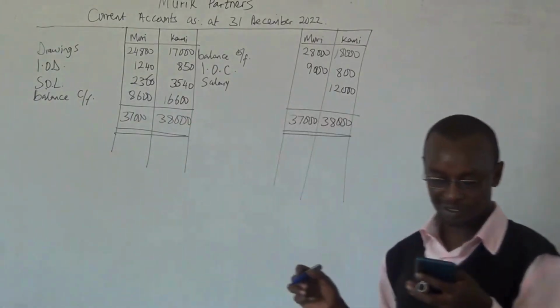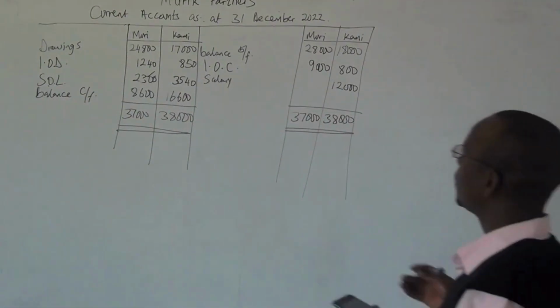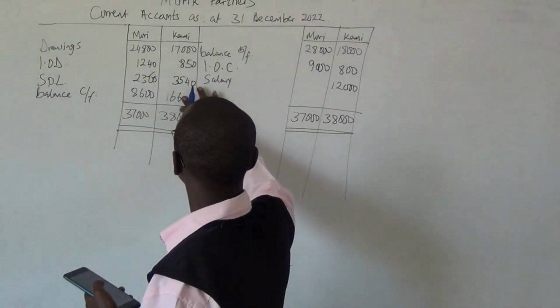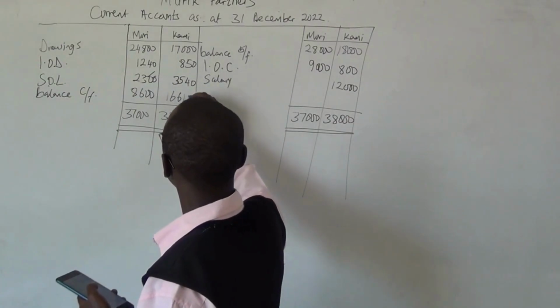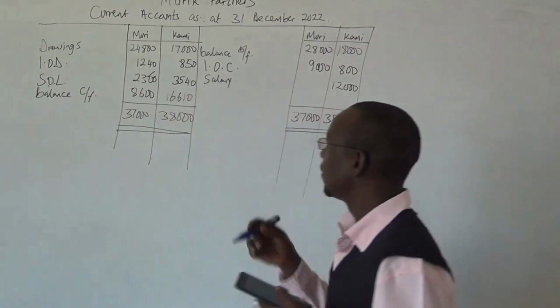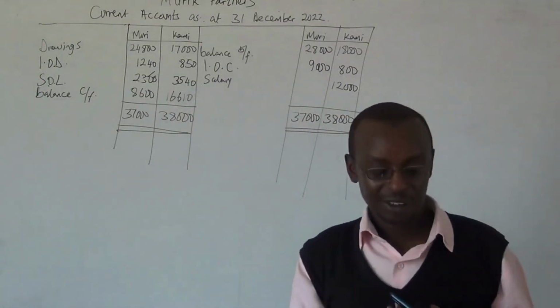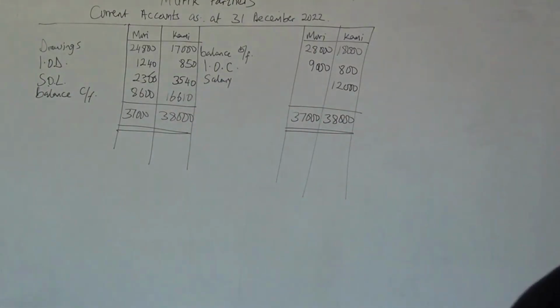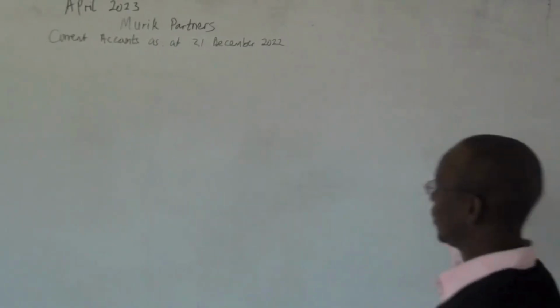Confirm your answers. Here you get 16,610. So those are the balances for the two partners.